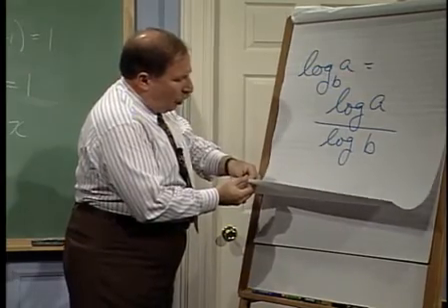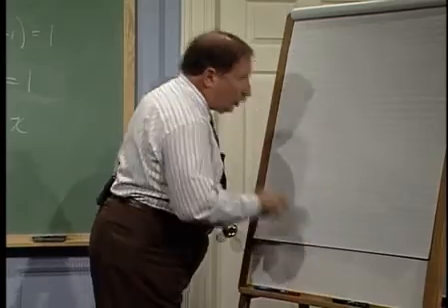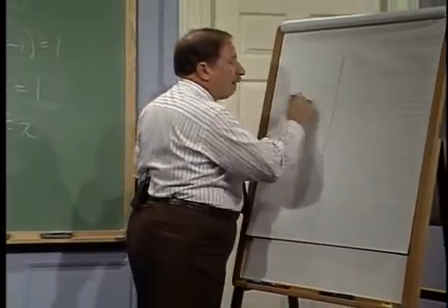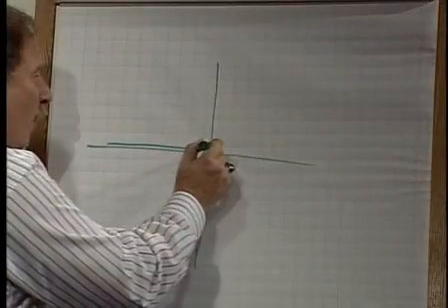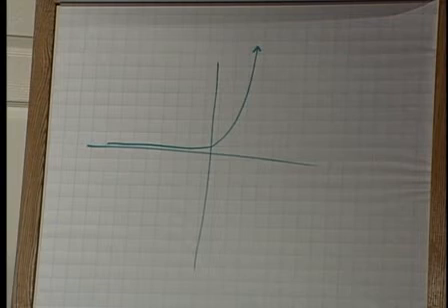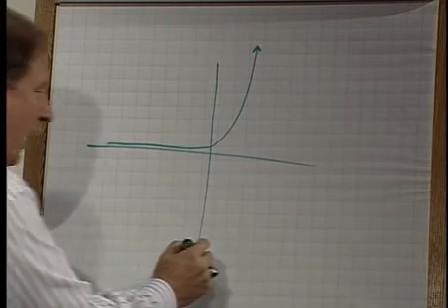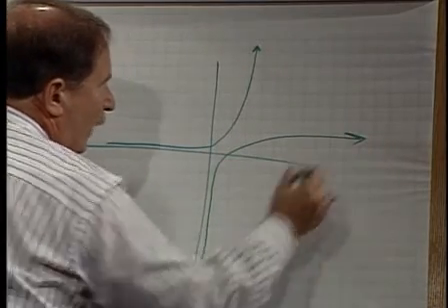And if you can recall what the graph of y equals 2 to the x looked like. y equals 2 to the x started out over here and went through and came up like that, right? And the graph of y equals the log base 2 of x started down here, went through here, and went out like that.